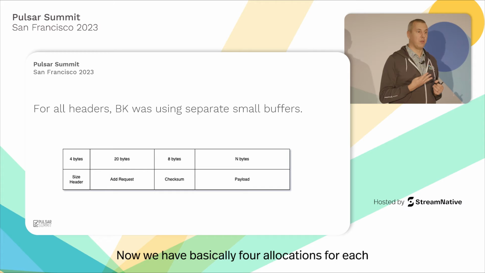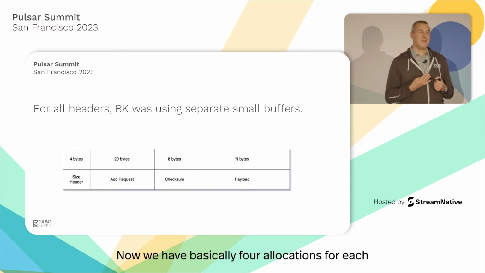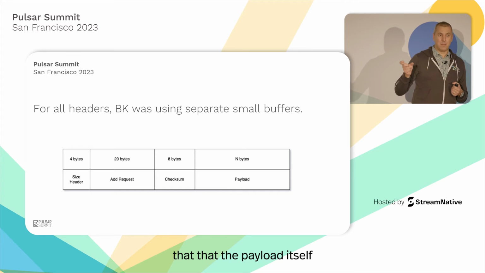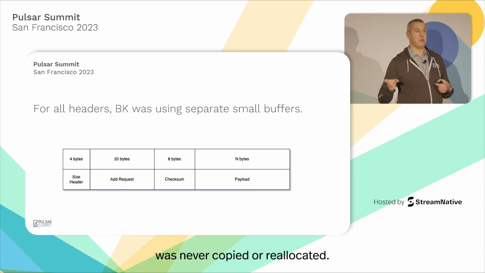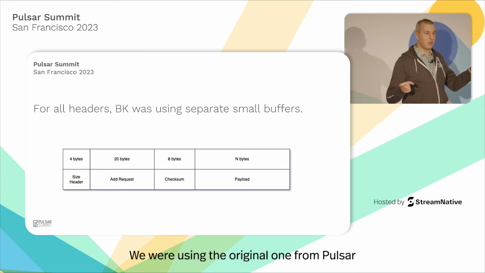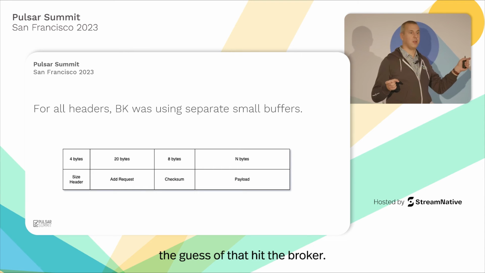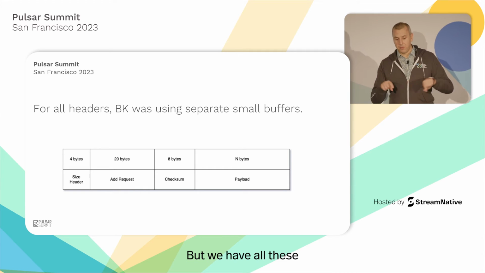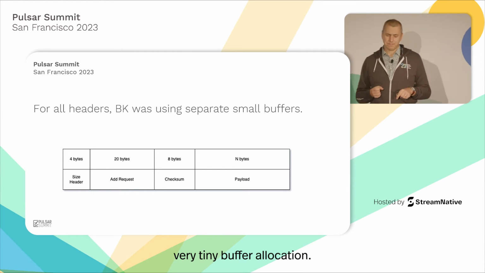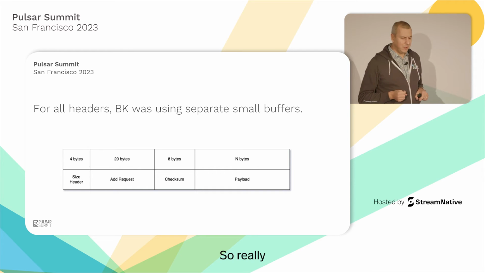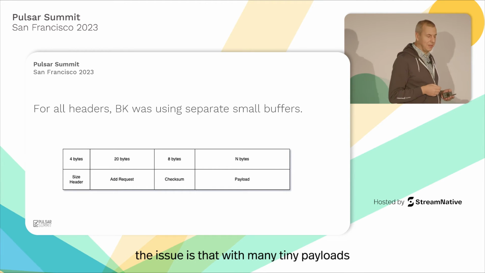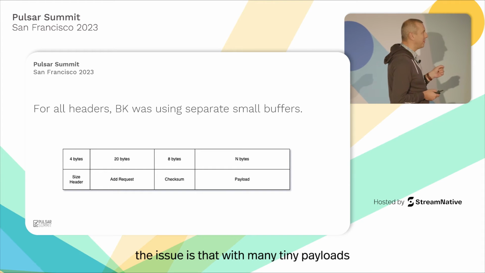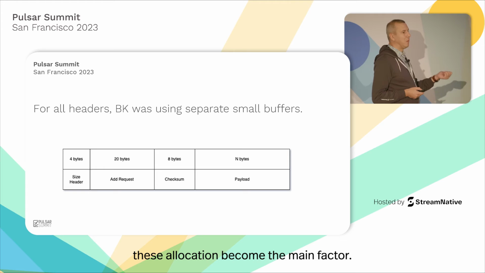Now we have basically four allocations per message, per batch. And it's true that the payload itself was never copied or relocated. We were using the original one from Pulsar that hits the broker, but we have all these very tiny buffer allocations. So the realization is that with many tiny payloads, these allocations become the dominant factor.